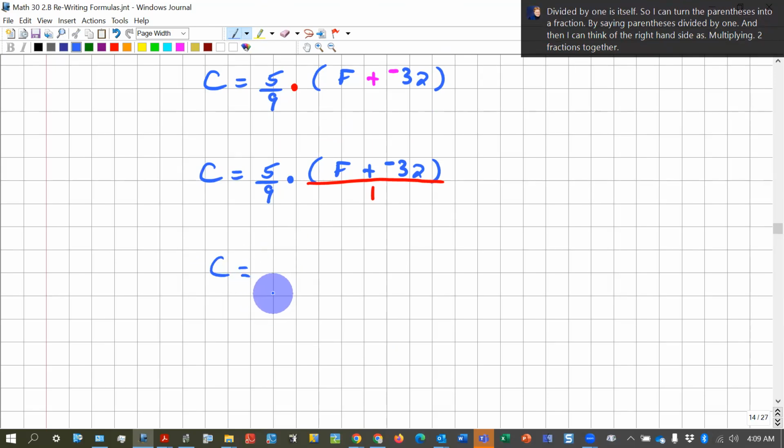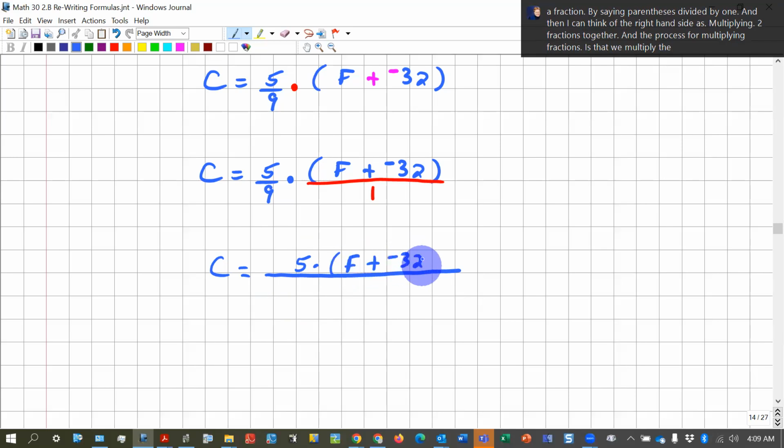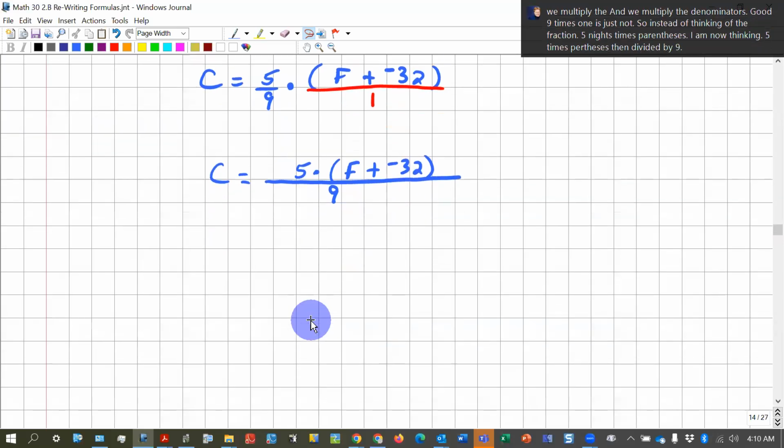And the process for multiplying fractions is that we multiply the numerators and we multiply the denominators, but 9 times 1 is just 9. So instead of thinking of the fraction 5/9 times parentheses, I am now thinking 5 times parentheses, then divided by 9.